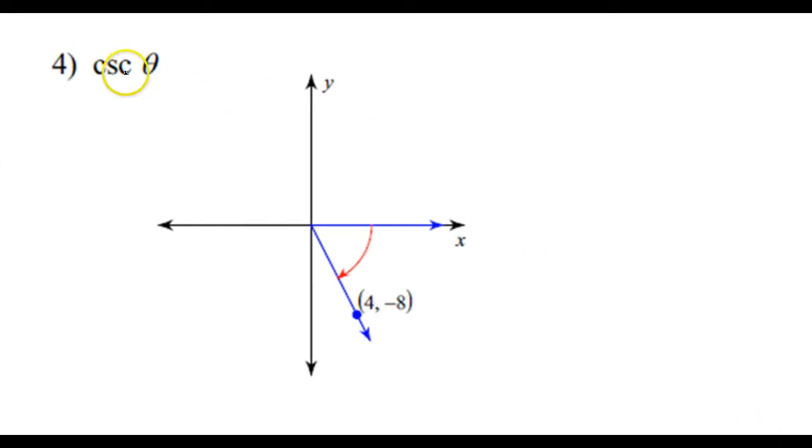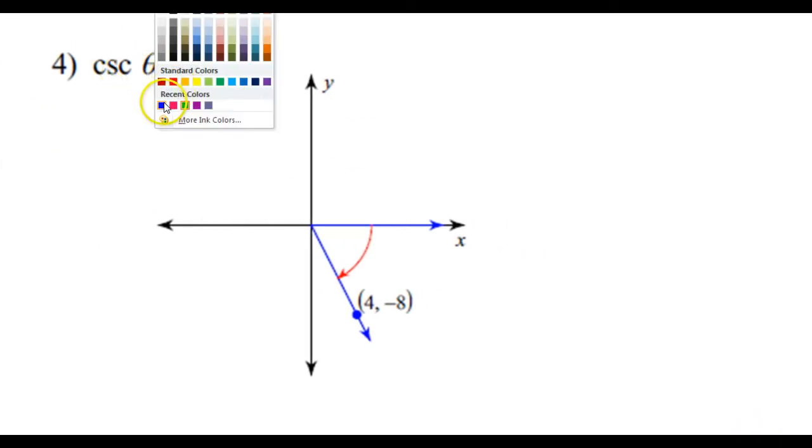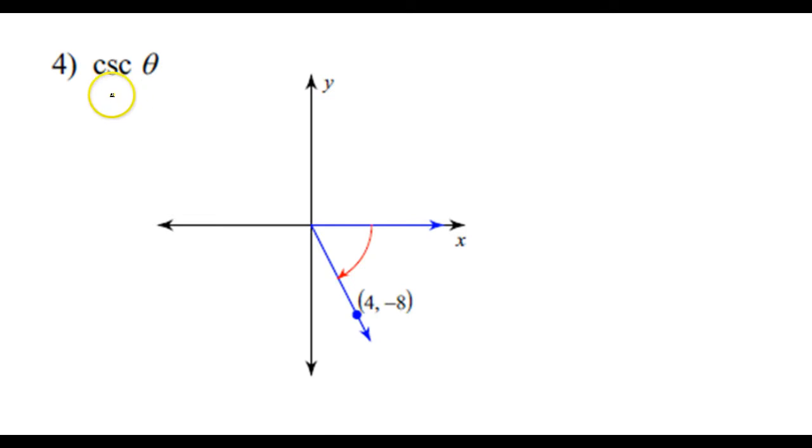Well, there's the cosecant. Now, cosecant is a reciprocal trig function. So we know that it's the reciprocal of the sine function. So what we can do is find the value of sine theta, and then just do the reciprocal.